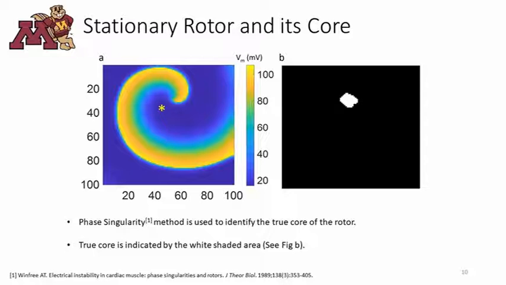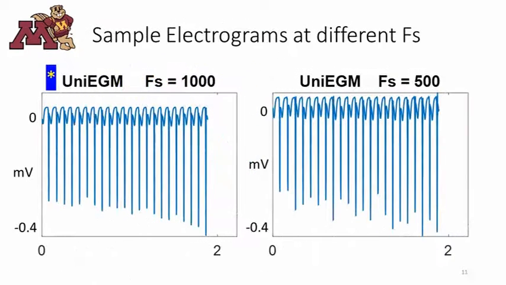It should also be noted that the core of the rotor is located only in a very small spatial area. That is, the white area is very small. Next, here are a few examples of unipolar electrogram signals at different sampling frequencies. These time series signals are the inputs to our MSE approach.